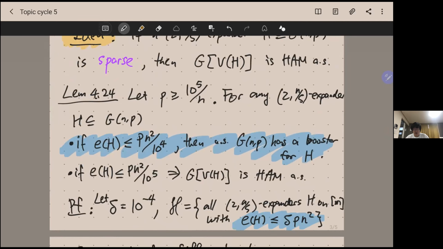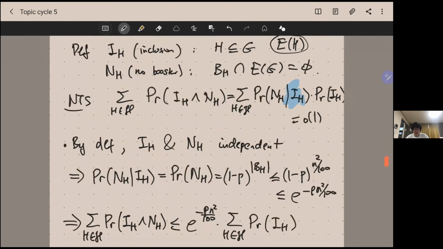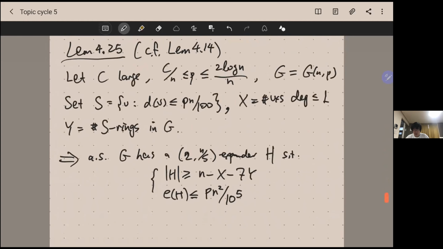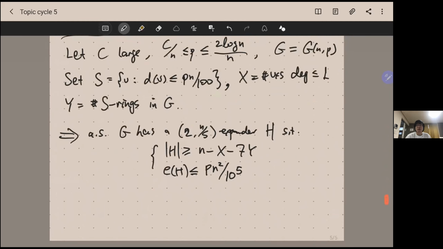Our H is sparse, then on top of that, the random graph is Hamiltonian. Okay. Now, what do I do now? Right, a sketch of the proof. Maybe I will not prove it rigorously. I give a sketch of the proof. It's quite intuitive. Okay.